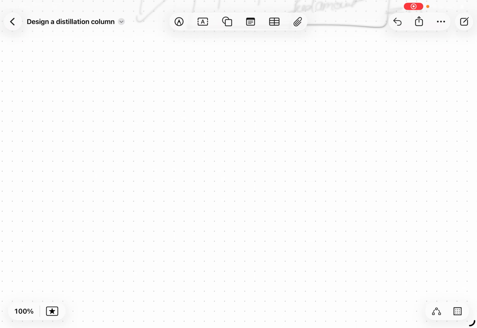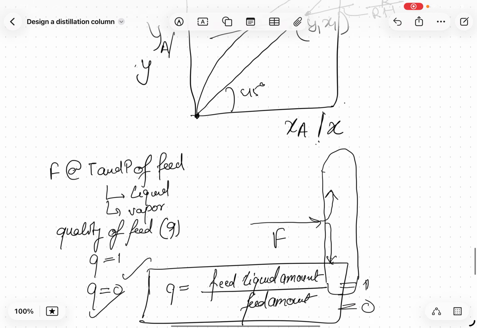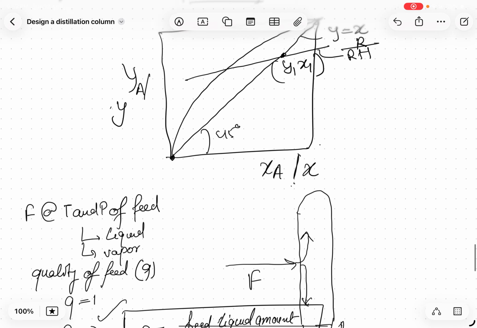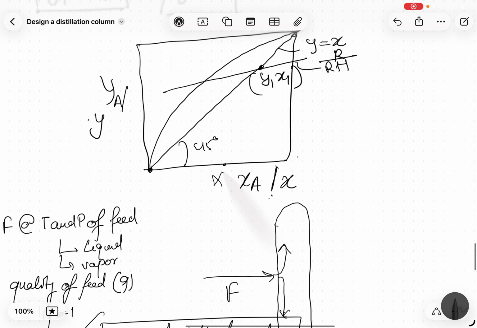Now based on the feed quality, the mole fraction of the component in the feed, that is XF, let's say XF rises somewhere here. You directly draw a line up to the 45-degree line. From there we need to find the Q line, which defines where my feed will lie on the operating lines.